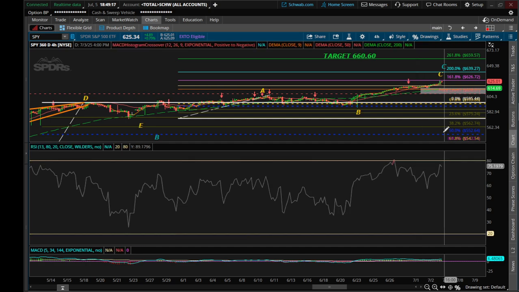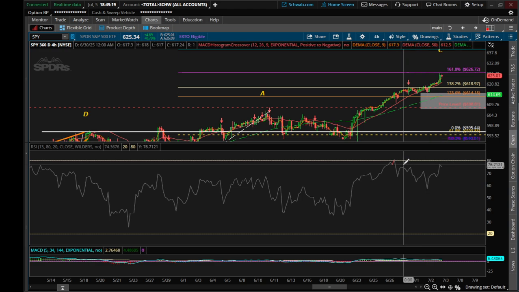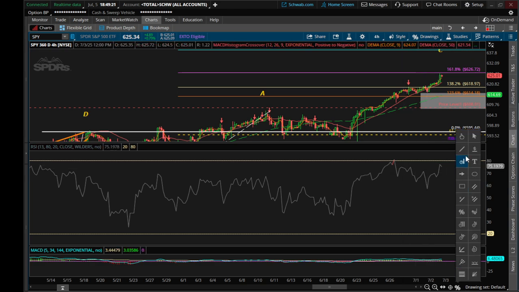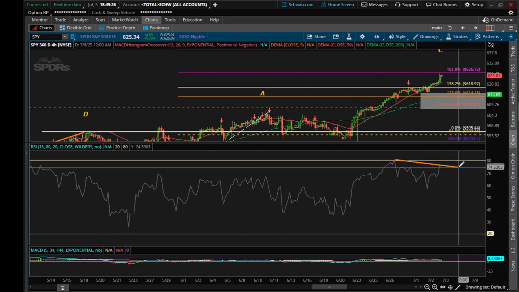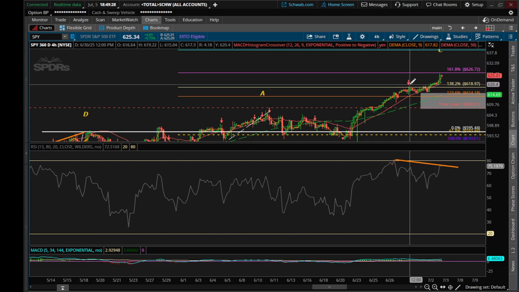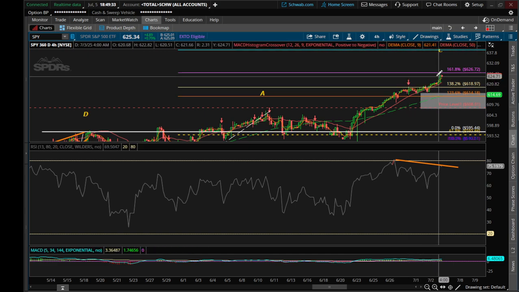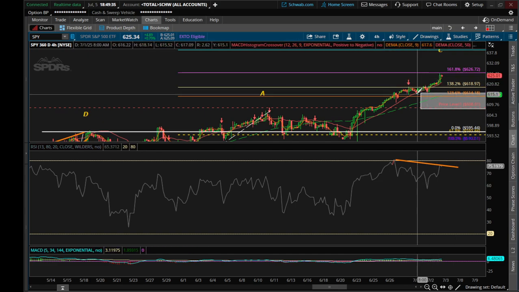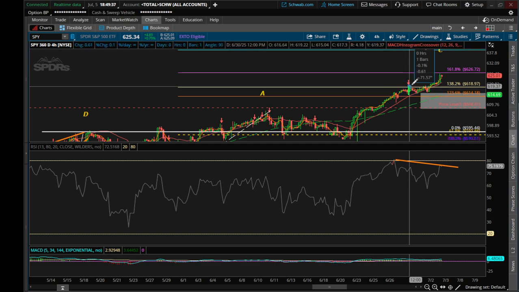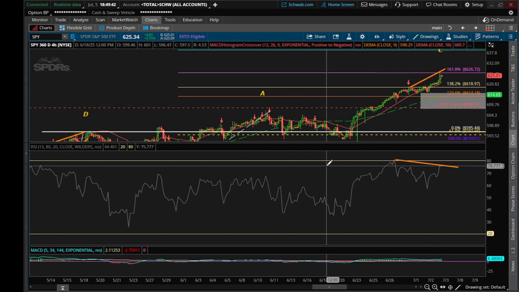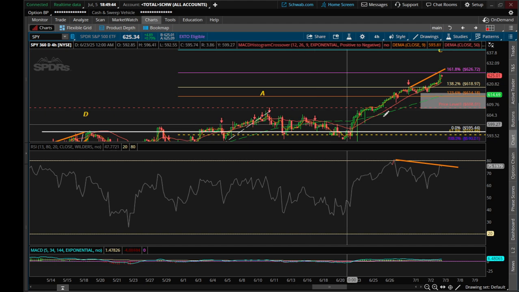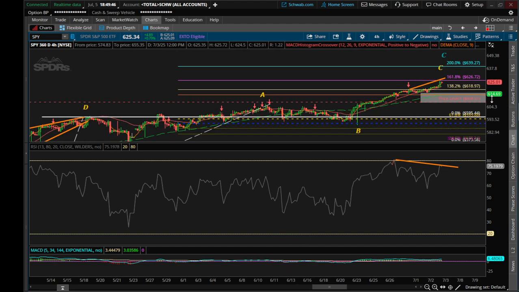For a little bit better confirmation, we did see slight divergence right here and here, but again, these are smaller degree waves, so I'm not going to read too much. Can't get this trend line going. I'm not going to lay a lot of weight on this. I would say if I want to compare divergence, I would try to get this wave included.